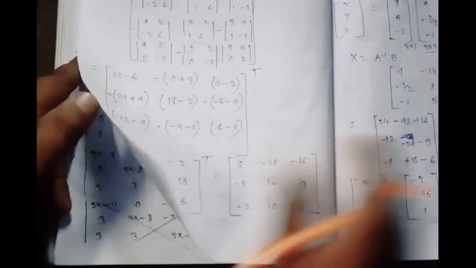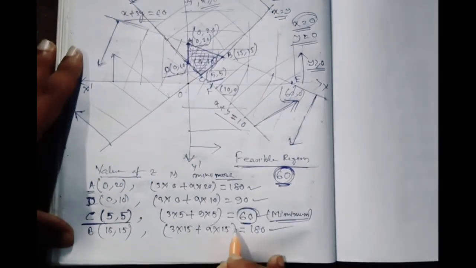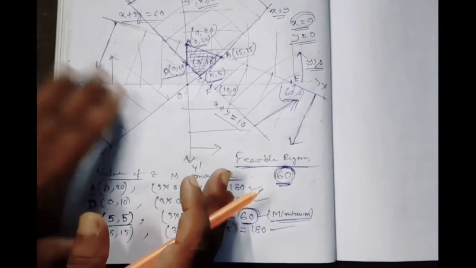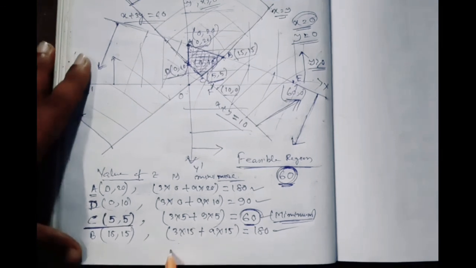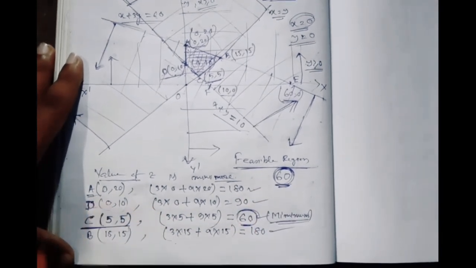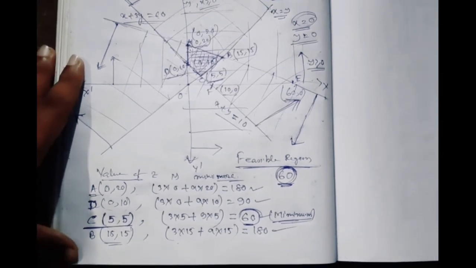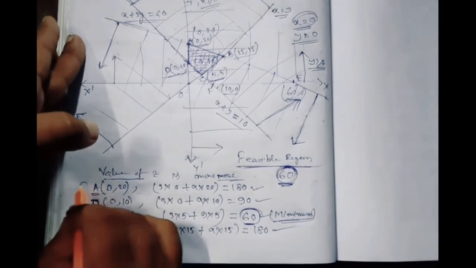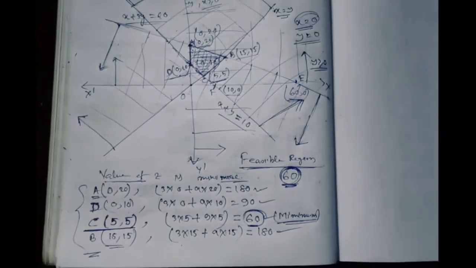So again we have to find the region for each constraint in the graph paper, and the feasible region and the maximum value. Here the maximum value is 180 and that is at A (0, 20) and B (15, 15). So for that problem we have to find again the maximum value.